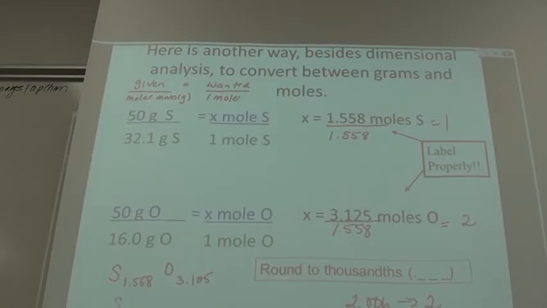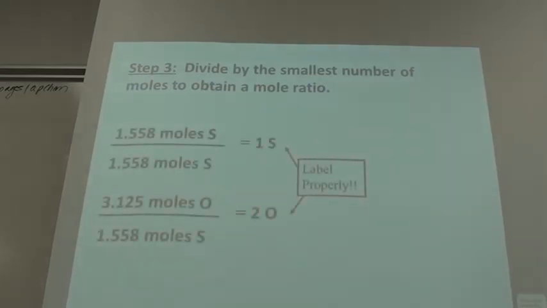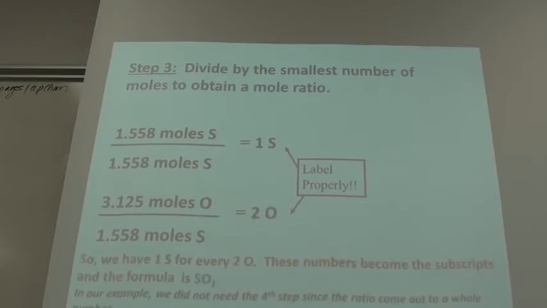So now I have a formula that's like this. Is that easy to work with? Yes. It's a whole number. What is the name of this compound? Sulfur oxide. No. Sulfur dioxide. Okay. So we label properly, and that is our answer.